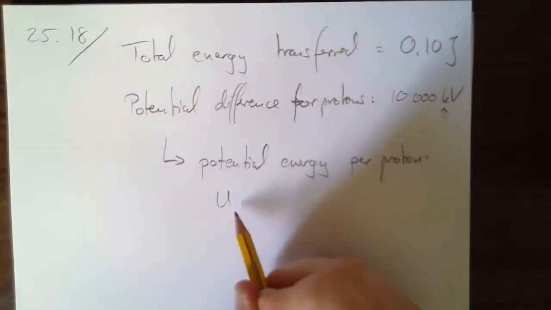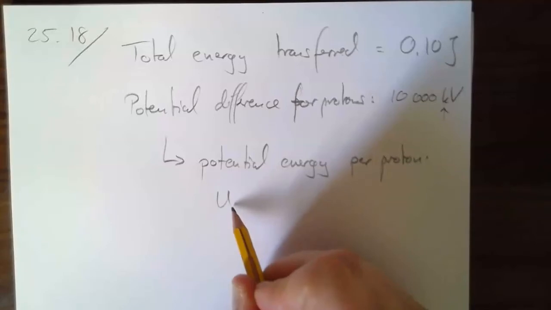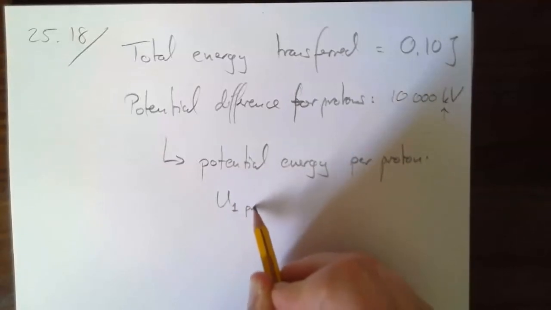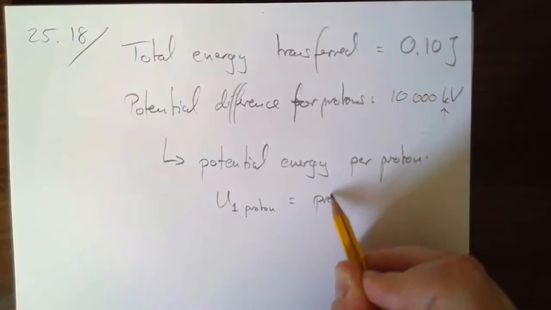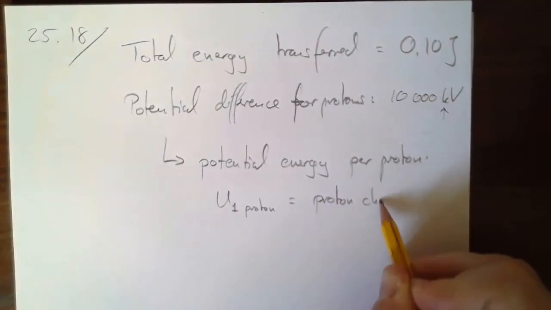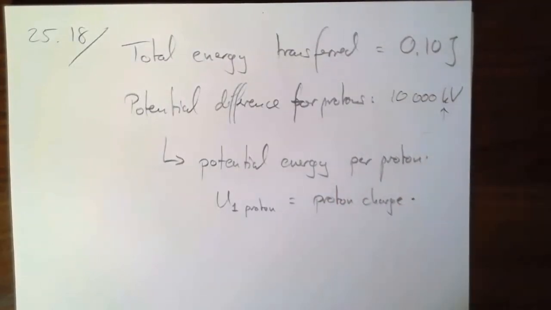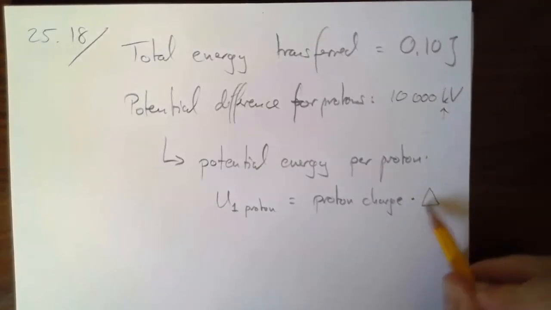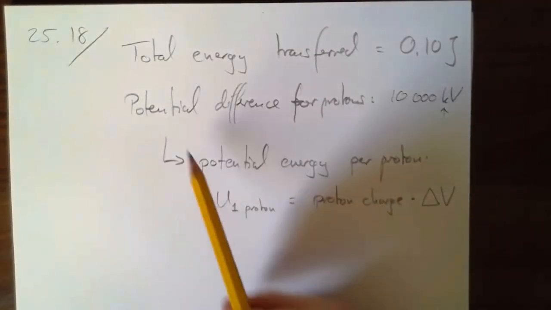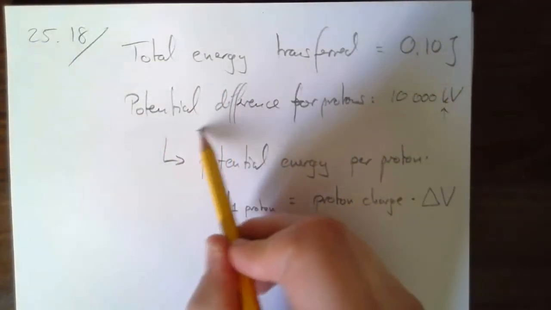Right? U for one proton is going to be the proton charge multiplied by the potential difference. It's called delta V, right? That is just this thing here.